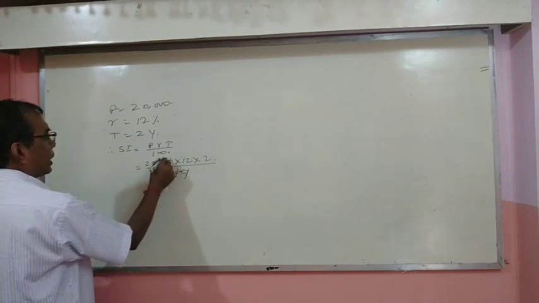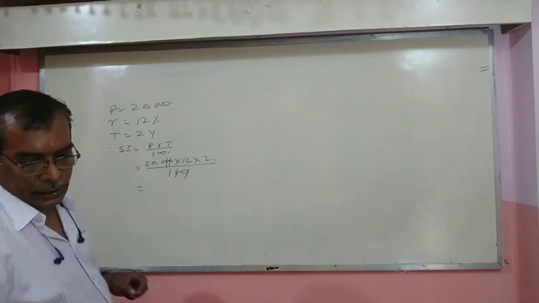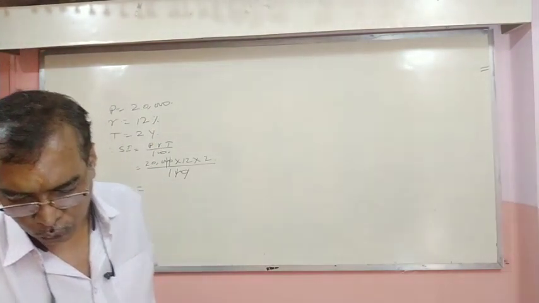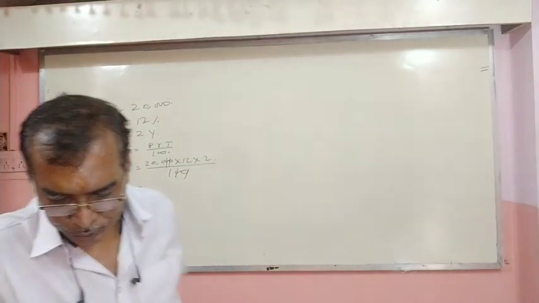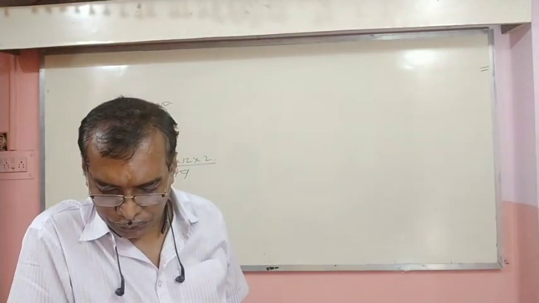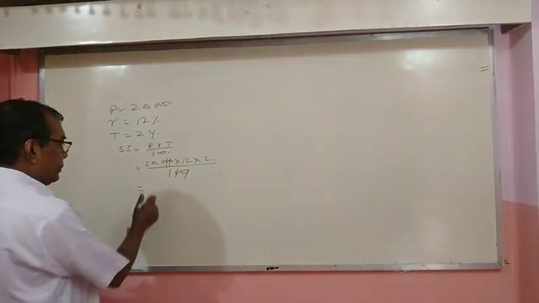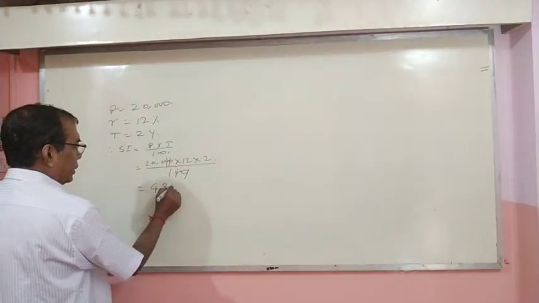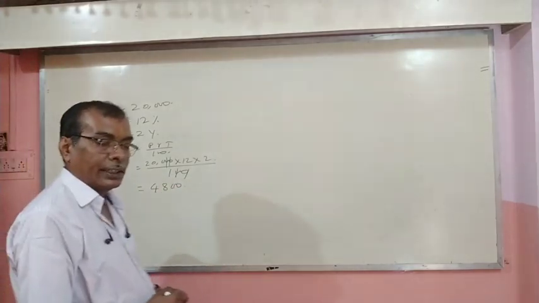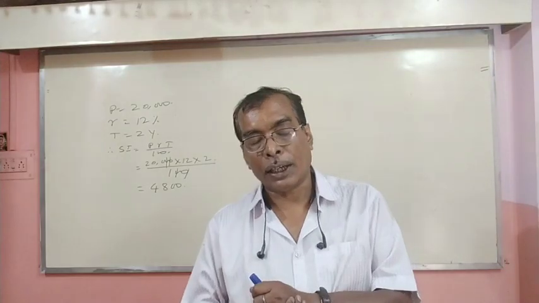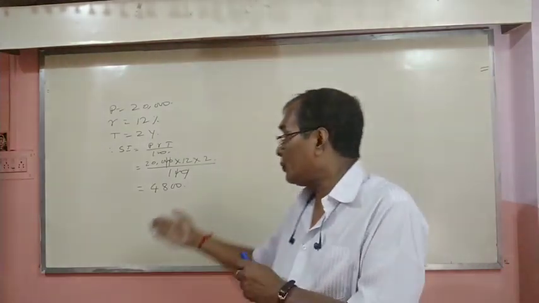The zeros get cancelled, and after the calculation it is coming 4,800. So as interest, I will have to pay 4,800 to my friend from whom I have taken the loan.